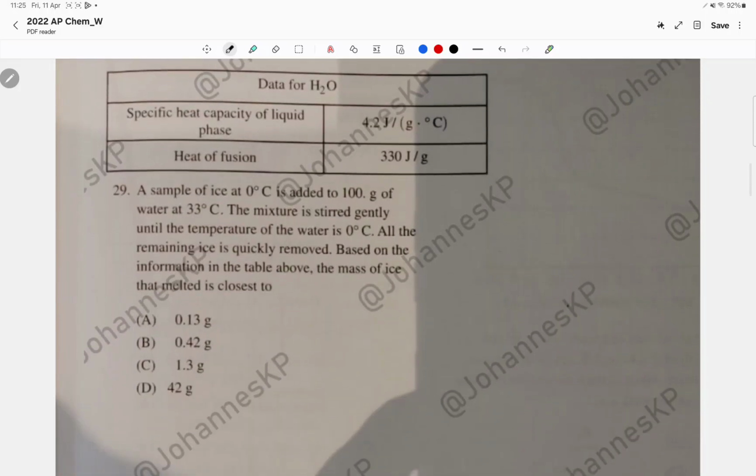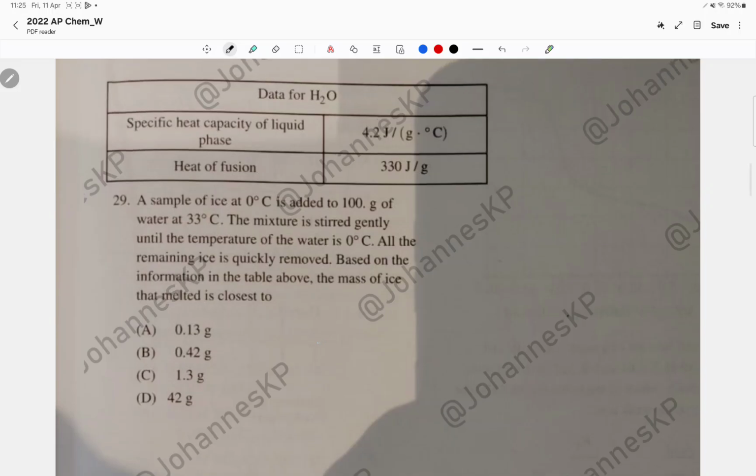29. Okay, so we are looking at taking ice and water and putting them together and expecting the ice to basically melt. Okay. So which one is the hotter object here? The water, right? So we're going to do negative Q on the water is equal to Q of the ice.